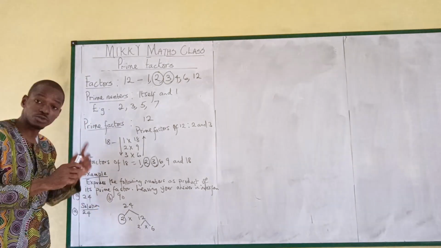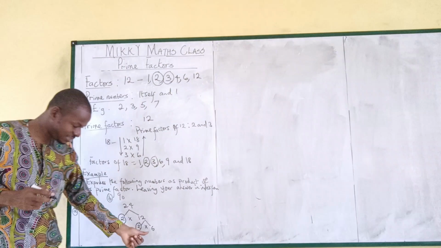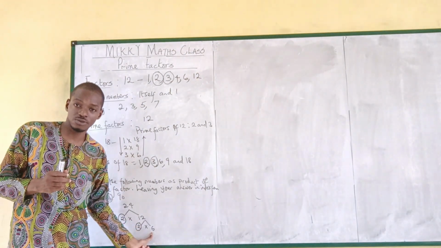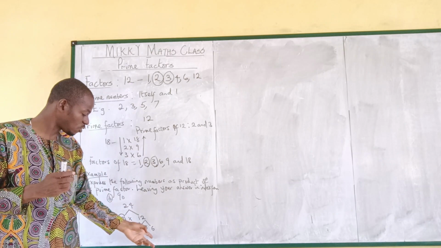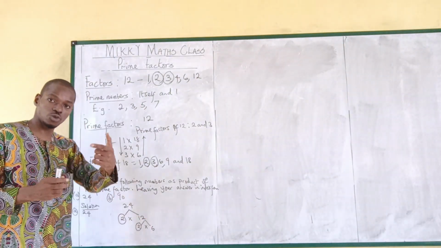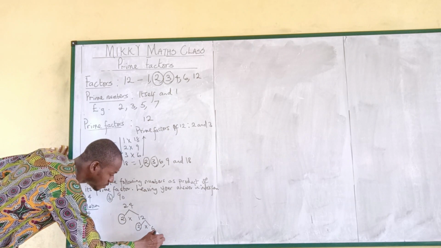The 2 here is also a prime number, so I circle it out. But 6 is not a prime number, so I need to still break it down as a product of prime numbers, which is 2 times 3.